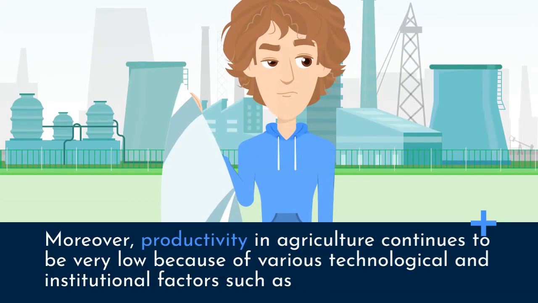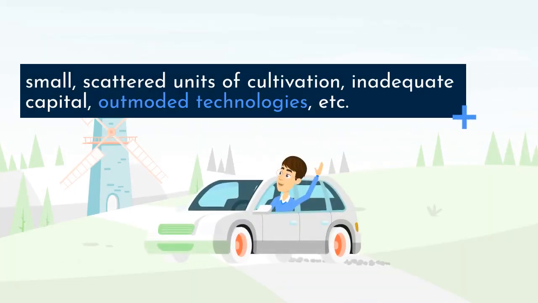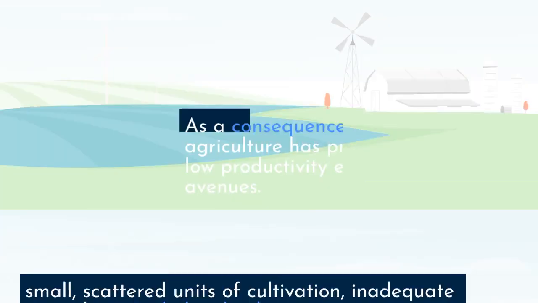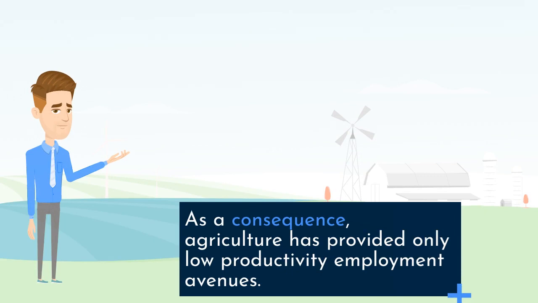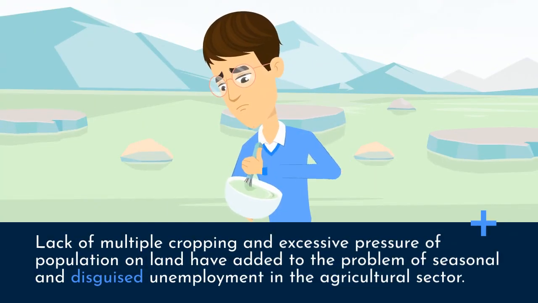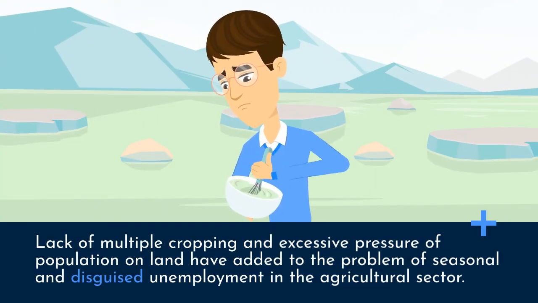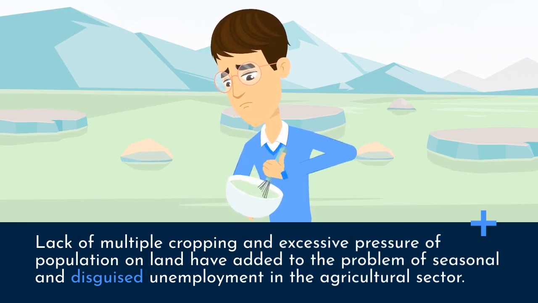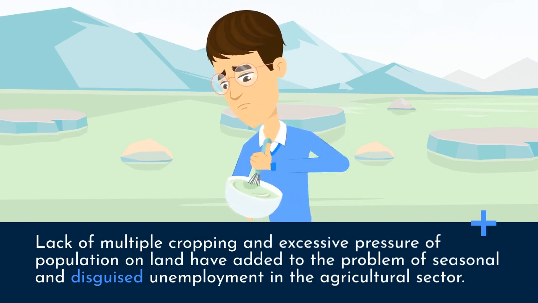Moreover, productivity in agriculture continues to be very low because of various technological and institutional factors such as small, scattered units of cultivation, inadequate capital, outmoded technologies, etc. As a consequence, agriculture has provided only low productivity employment avenues. Lack of multiple cropping and excessive pressure of population on land have added to the problem of seasonal and disguised unemployment in the agricultural sector.